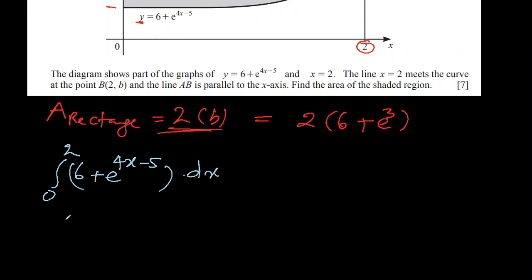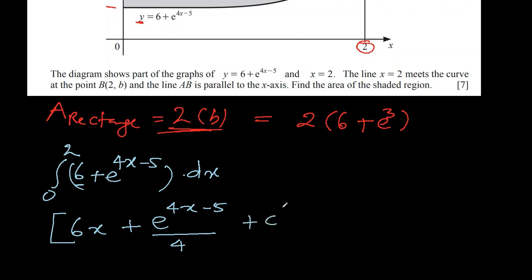Okay, so let's integrate straightforward. The integration of 6 will be 6x plus integration of this, because the exponent is a linear function, so we copy it and divide by the differentiation of the exponent. Differentiation of 4x minus 5 is just 4, plus c, and done.